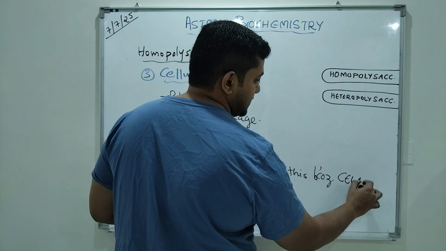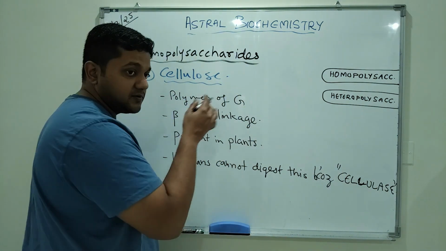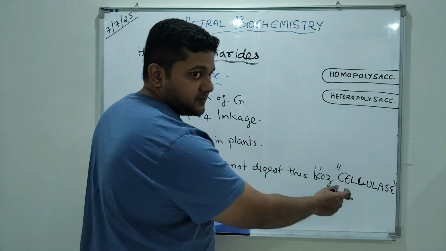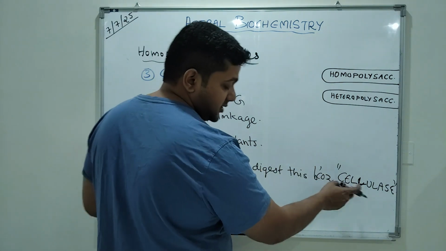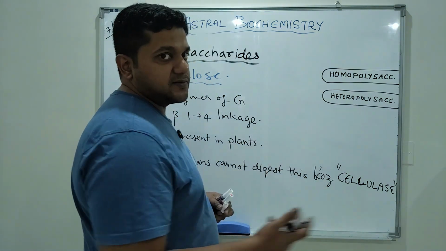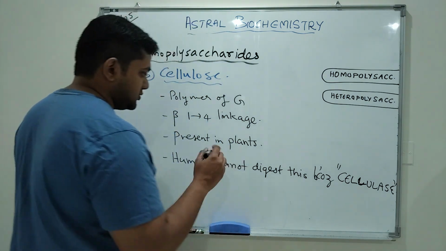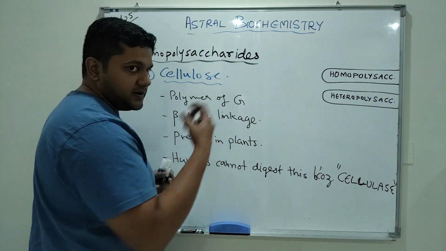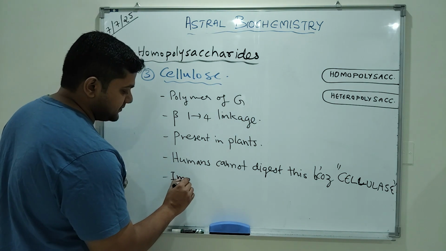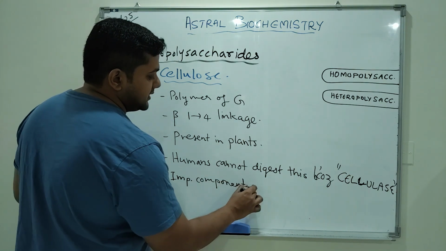Cellulase is an enzyme which can break the beta 1,4 linkage. Cows and other plant eating animals have this enzyme, but humans do not have this cellulase enzyme. That is why we cannot eat grass, right? So we cannot break down cellulose when we eat plants, and that is why it is an important component of dietary fiber.